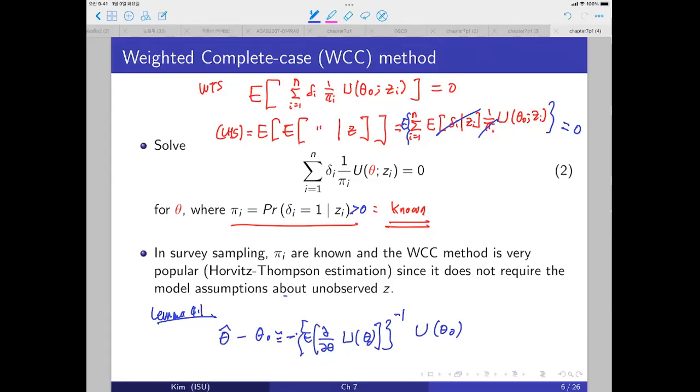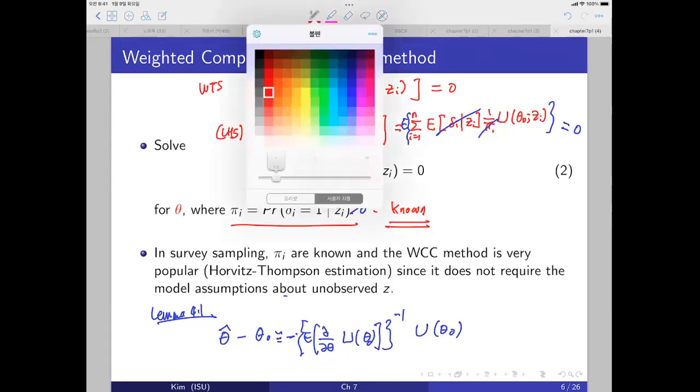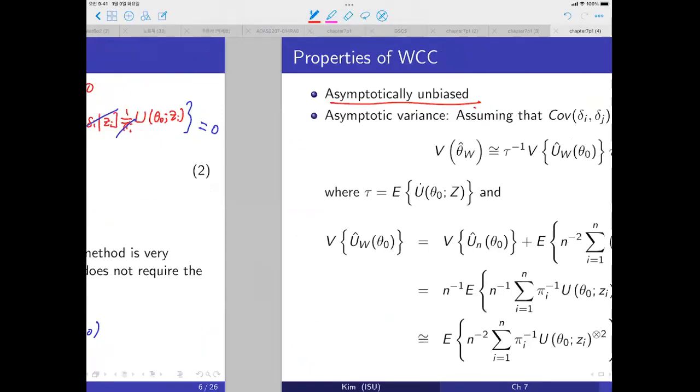If you remember this lemma, this has zero expectation if U has zero expectation, but approximately. So we have this one.